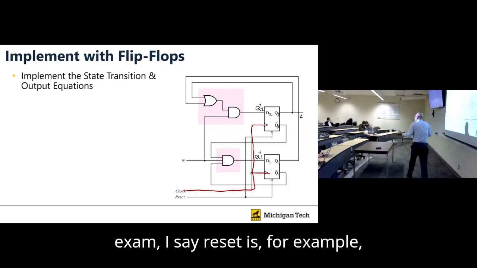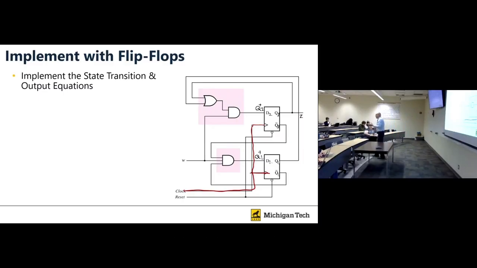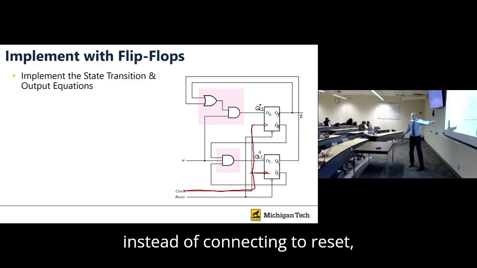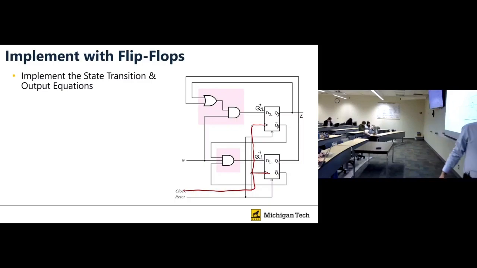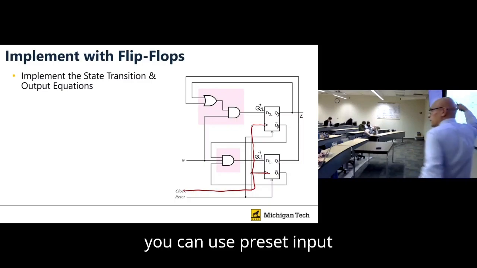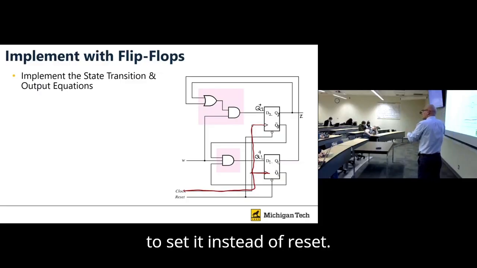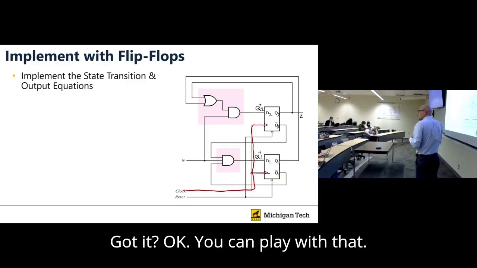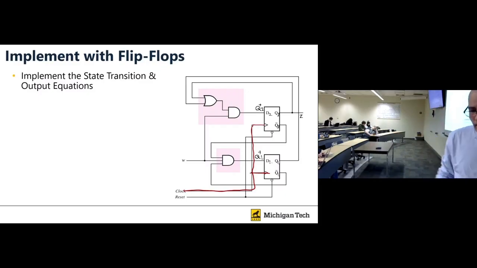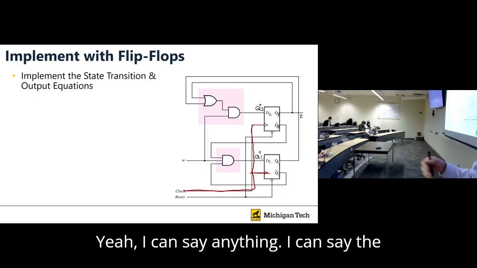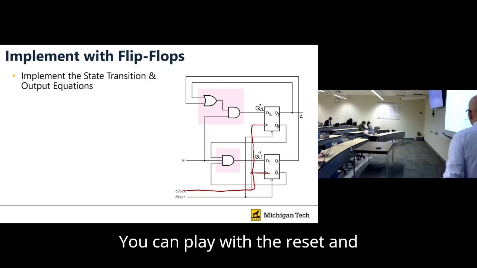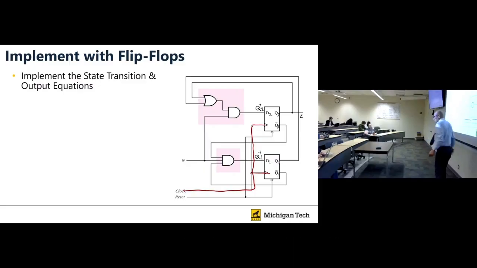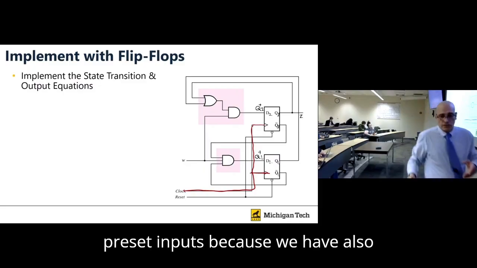If in an exam I say reset is, for example, 1, 1, instead of connecting to reset, you can use the preset input to set it. Got it? Okay. You can play with that. I can say the start is, for example, 0, 1. You can play with the reset and preset inputs because we also have preset.